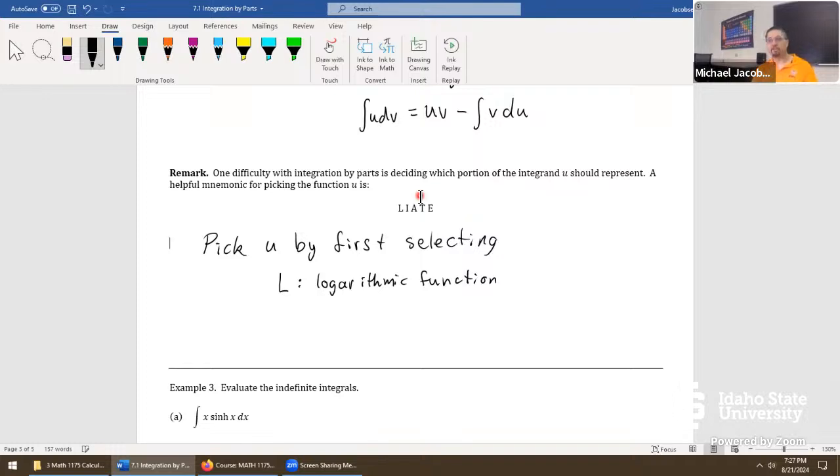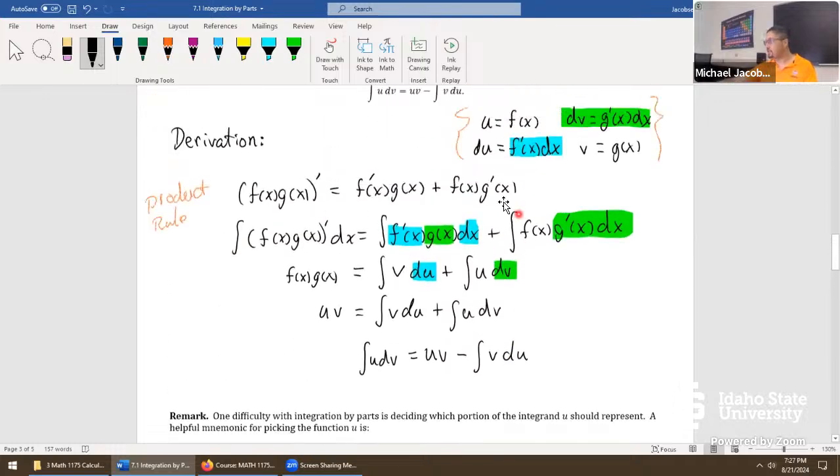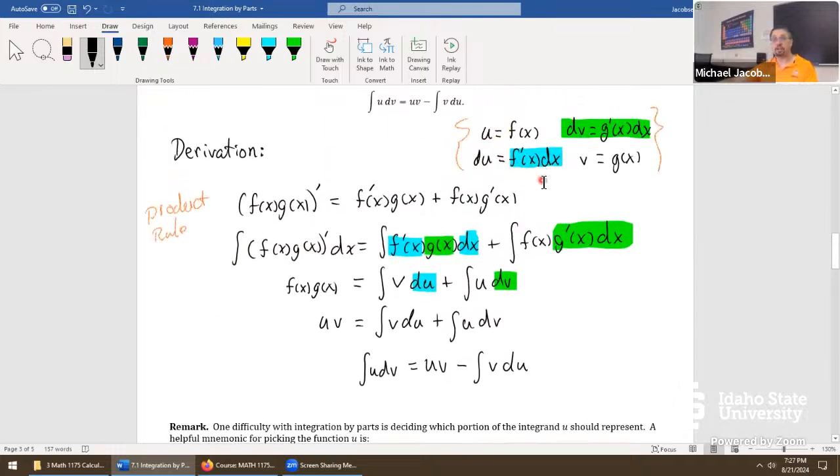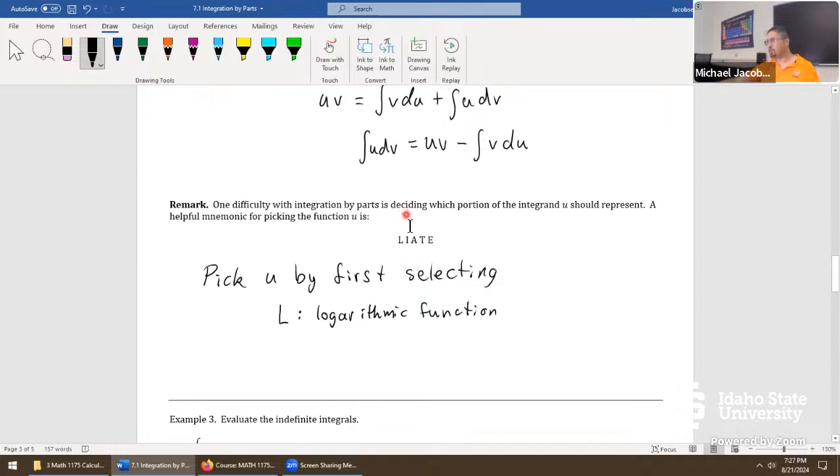So if you see a logarithmic function anywhere in your integral, what this acronym or mnemonic is trying to say is that's the right choice for your u when you go to build out this table right here in integration by parts. If there is no logarithm, we move over to I. I stands for inverse function. Think cosine inverse, tangent inverse is usually what's being meant there. So I is an inverse function.